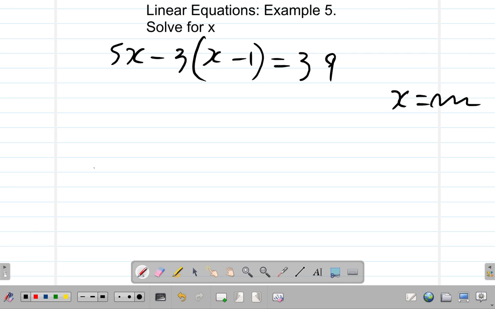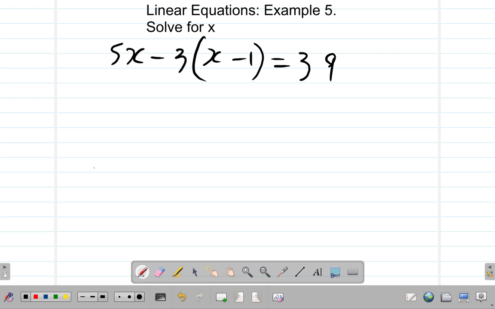So at some point, you're going to have to add or subtract to get one x. And then you do your addition, subtraction, multiplication, division in order to get the numbers on one side and the x alone on the other side.